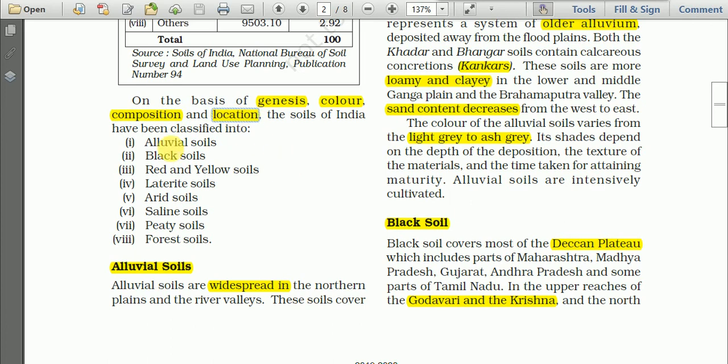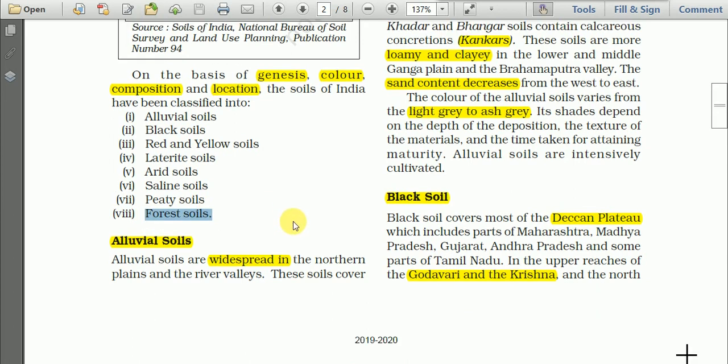We have 8 types of soils in India: alluvial soils, black soils, red and yellow soils, laterite soils, arid soils, saline soils, peaty soils and forest soils. Now let us read in detail.